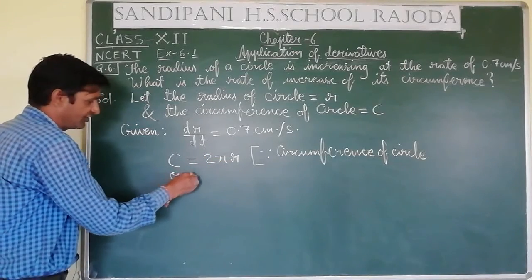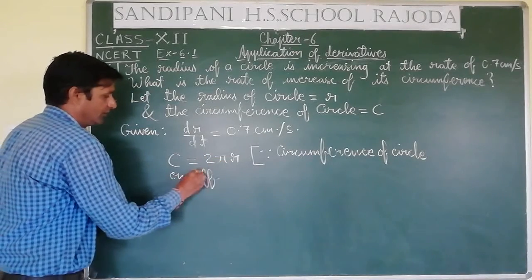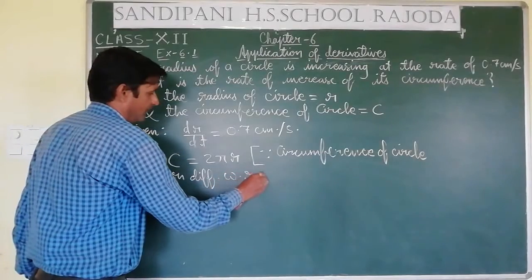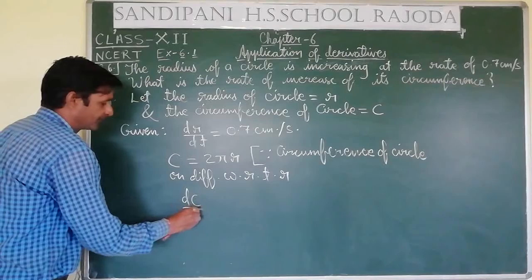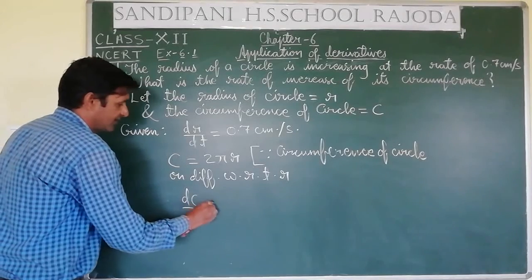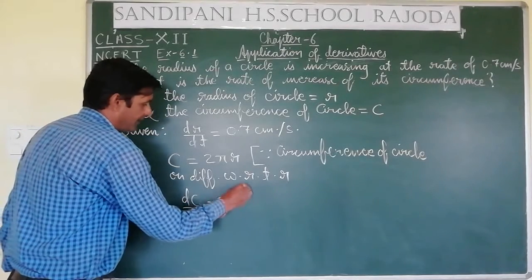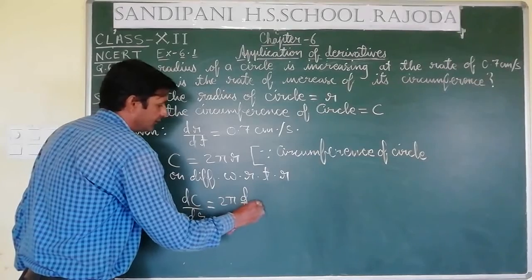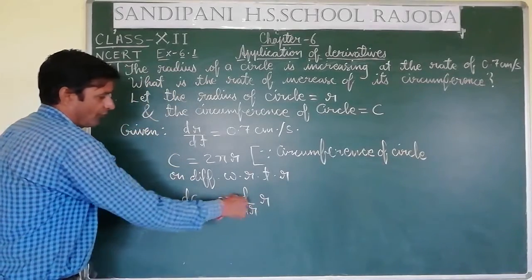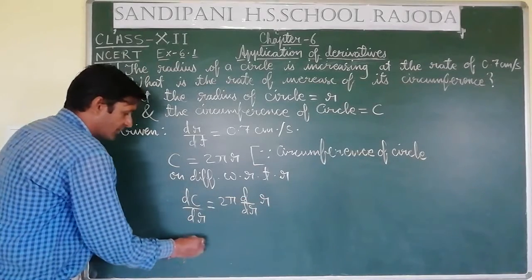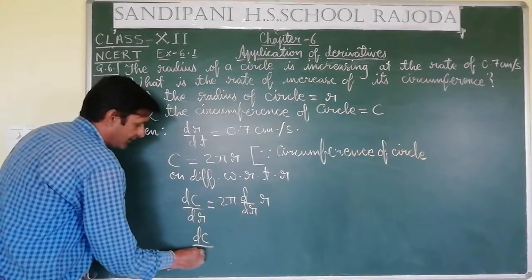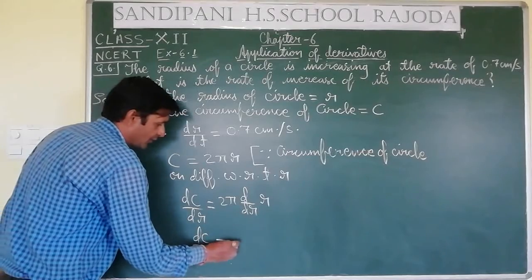So on differentiating with respect to r, this will become dC by dr. dC by dr means 2 pi d by dr of r, that will be equal to 1 only, because differentiation with respect to r of r is 1. So dC by dr is equal to 2 pi.